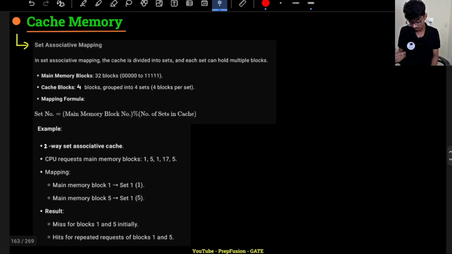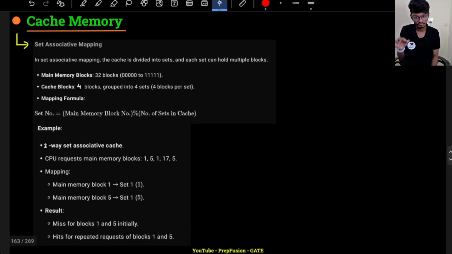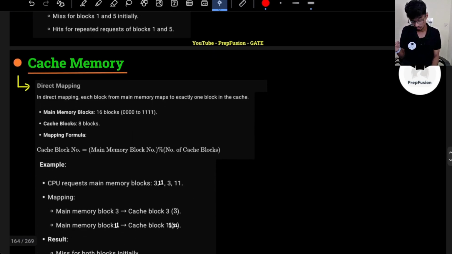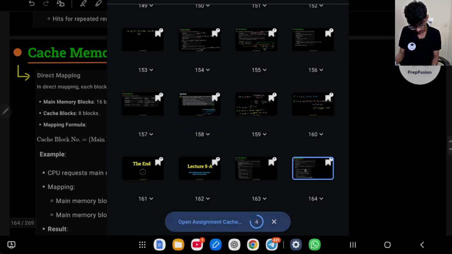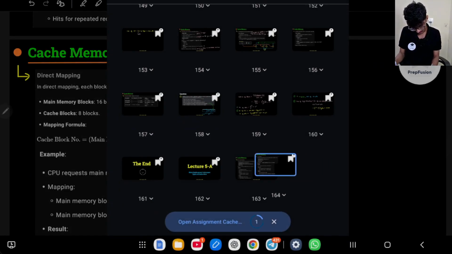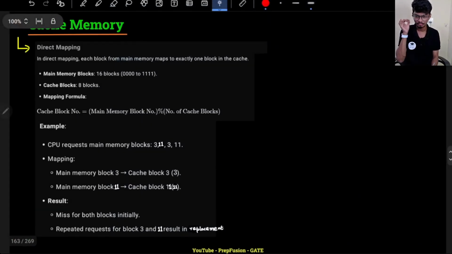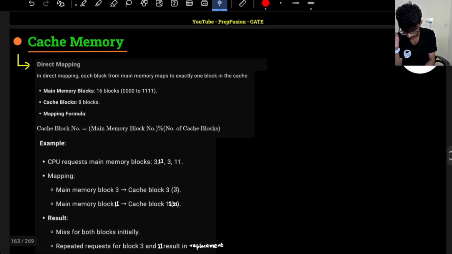First, direct mapping should come first, I guess. Yes, direct mapping. In case of direct mapping, you don't need any block replacement techniques. So in direct mapping, what happens? Here I will say no block replacement technique is required.